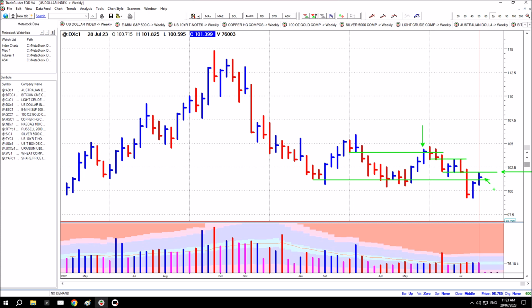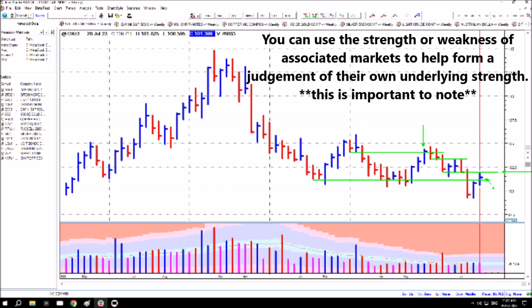Now you can see the US dollar index futures were higher this week. That will put other markets that are associated under pressure, in particular currencies and also commodities that are priced in US dollars. So they face headwinds.